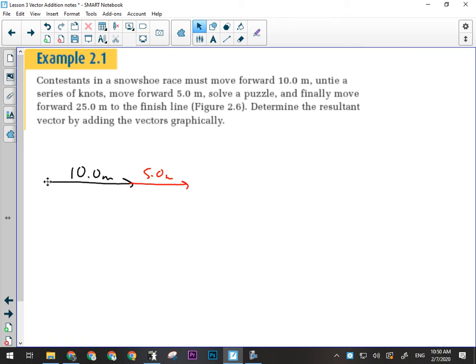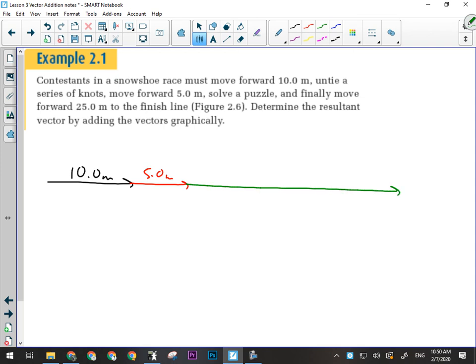And then they move forward 25 meters to the finish line. It's about 5 times as long, maybe. Yeah, that's close enough. So what's my total displacement? 40 meters forwards. That's what our diagrams should look like.